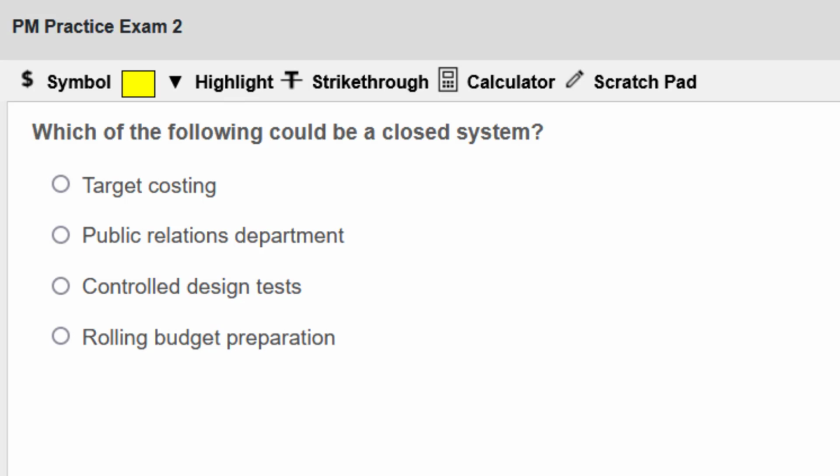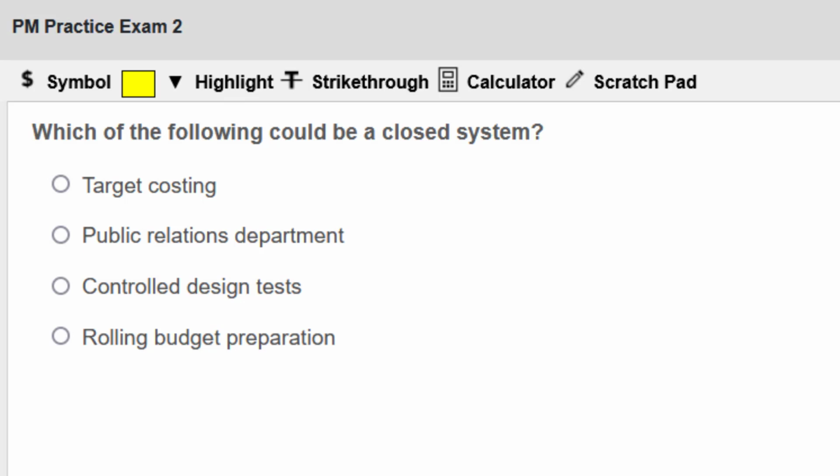Well, target costing begins with setting an external selling price, okay, that will be acceptable to our customers. So target costing uses market research, no good. Public relations department, that's using external information, no good. A rolling budget, the fourth option, now we're updating our budget on a regular interval, maybe monthly, maybe quarterly, and we are adjusting the riskiest variables to changes in the environment.